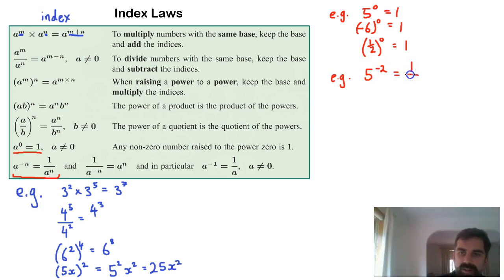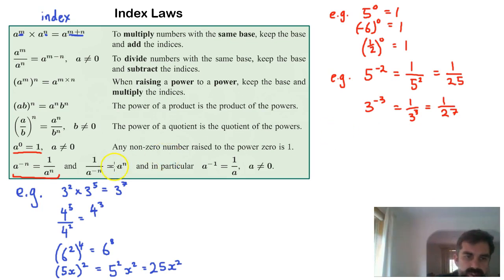What we would actually do is we would make that 1 over 5 to the power of positive 2. Or in other words, 1 over 25. Or let's say we had 3 to the power of negative 3. That would be 1 over 3 cubed. Or another way of saying that is 1 over 27.